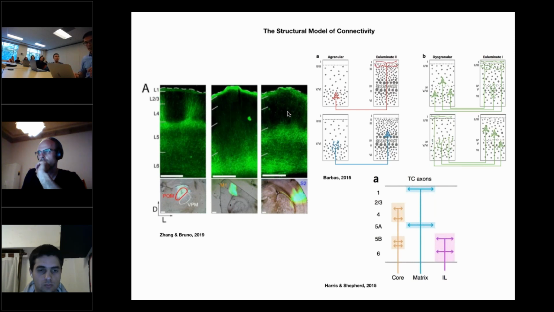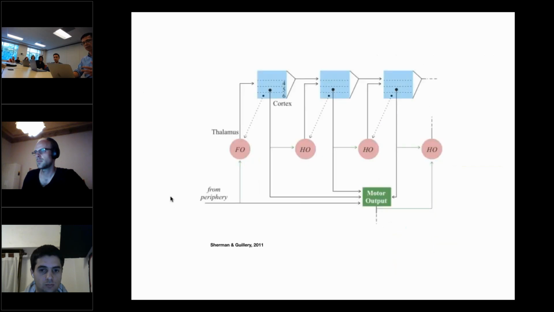So here they injected, so this is the posterior nucleus, the ventral posterior nucleus of the thalamus. That's the secondary somatosensory nucleus of the thalamus. So its position would be somewhere here.